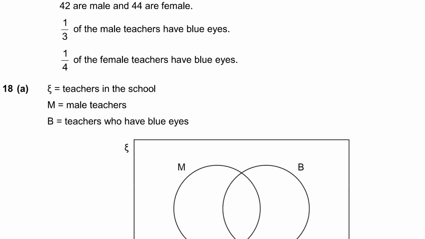Where shall we start? If we look at this bit here, 42 are male and 1/3 of the male teachers have blue eyes. That means we can work out what the intersection is going to be. So we've got 42 male teachers altogether and 1/3 of them have blue eyes. So 42 times 1/3, or 42 divided by 3. 3 goes into 42 14 times.